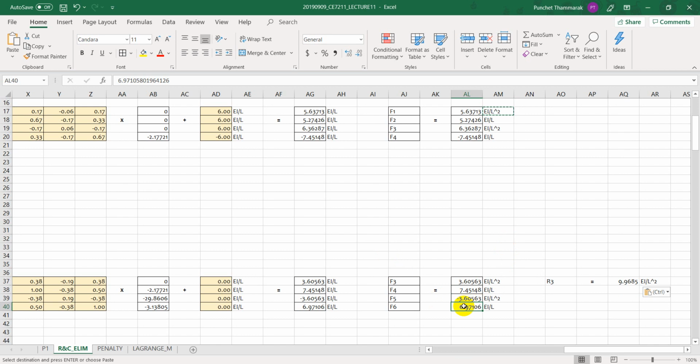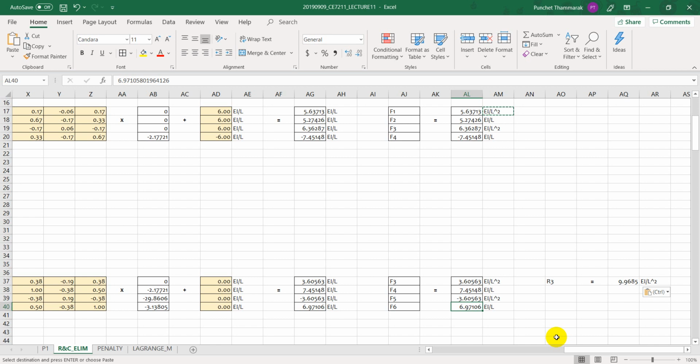Can we cross check? Yes, we can. How do we cross check? We have the rotation U6 and we have the rotation U8. So the relative rotation U6 and U8 will produce the moment.